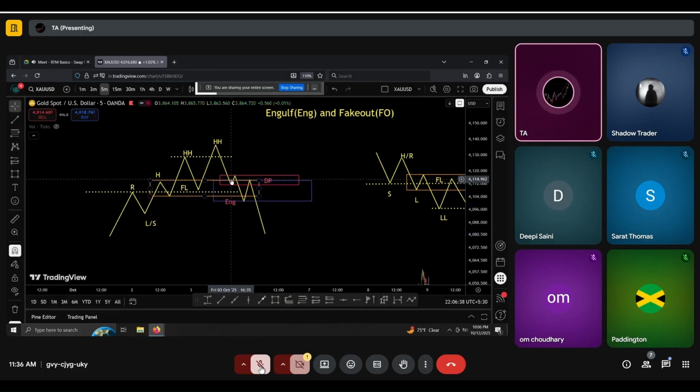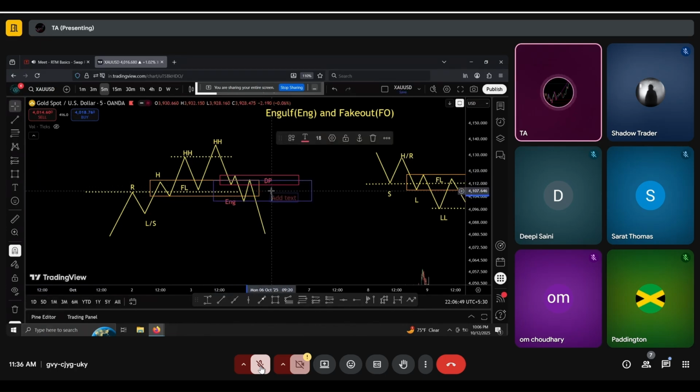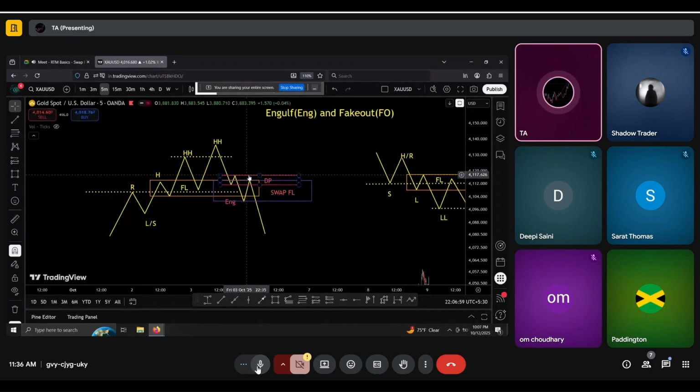Orders were in this DP, but the price goes back again, hits this, came down. So what will happen? The order will be transferred from DP to this swap FL. We have studied that. Swap FL, right? So now the orders will be transferred from DP to swap FL. Why? The price has hit back to this DP. Do you understand now? Right?